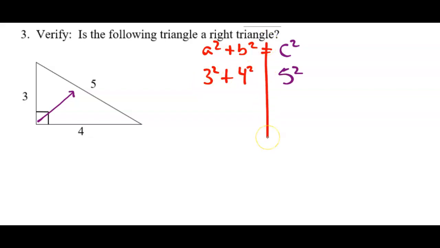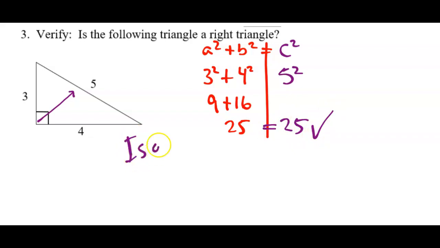And now I'm going to do my math. 9 plus 16 is 25. Fantastic. And 5 squared is 25. They are equal. This is a right triangle. Great. Okay, so the answer to that is yes.